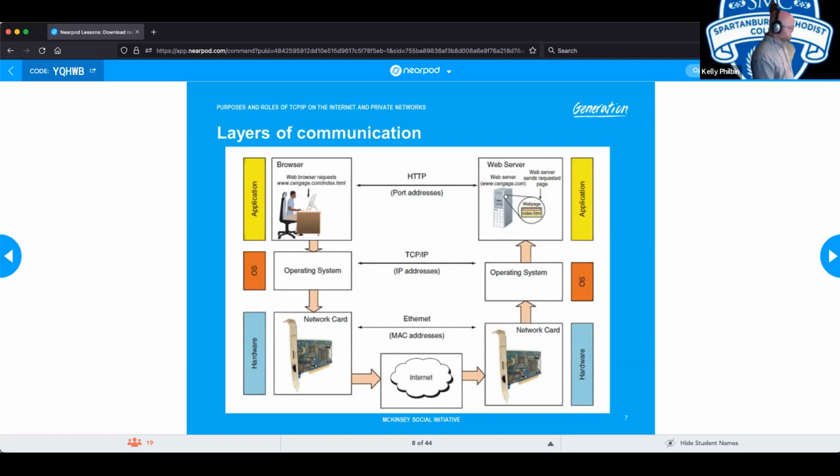Your network card translates that into physical communication, which should be your ones and zeros for binary, sending that over the internet until it gets to the network card of the incoming computer, which is going to take that data, translate it into something workable, peel off the outer portions of that frame, take out the relevant data, and organize it in such a way that it can push it up to the upper layers where the other side can see the communication that's being sent. It says, okay, they want to talk to Google. Here's the website. And then it pushes that information back down again over the internet, hits your computer, and then it comes back up through the layers.